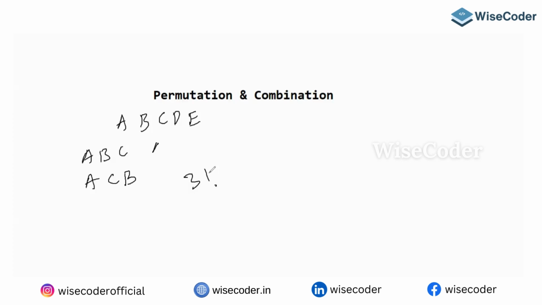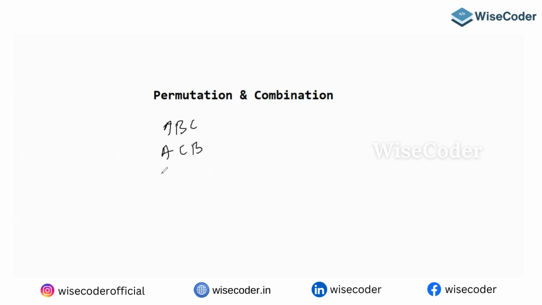Let's understand the number of ways of selecting. Consider 3 people out of 5. Let me write how the arrangements go: ABC, ACB, BAC, BCA, CAB, and so on.